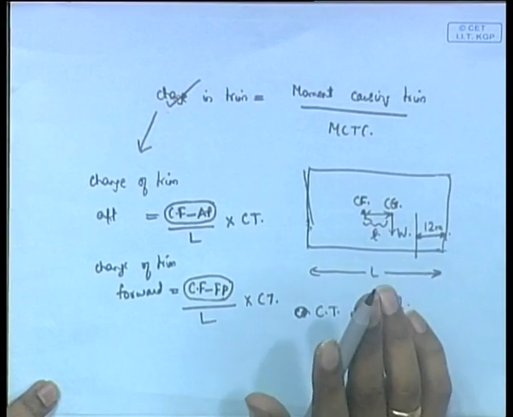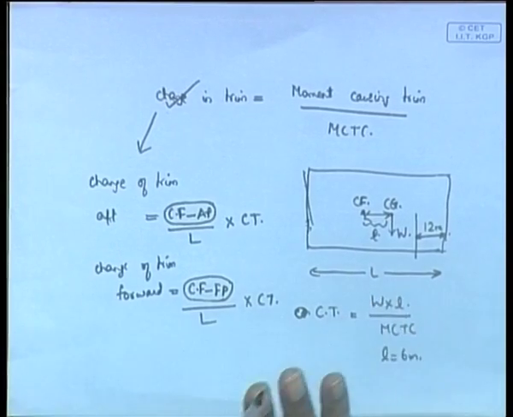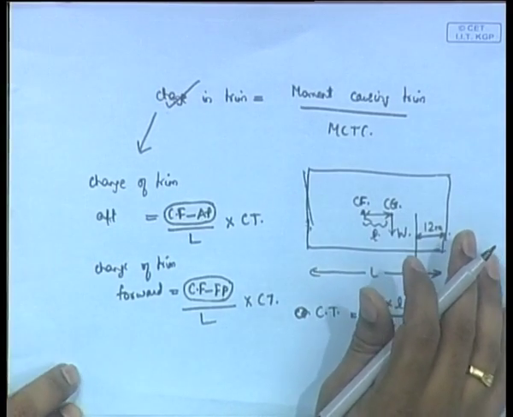But the best option is always to follow the logic and ask where the weight is being added, whether it is going to the forward side or the aft side, or in case of bilging, which side is getting bilged. Once you know that, you decide whether the draft should go down or go up, and similarly whether the change of trim should be added to the initial draft or subtracted from the initial draft.